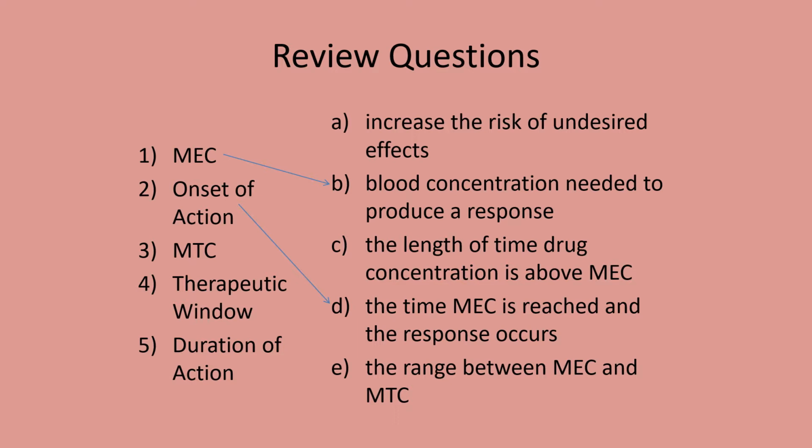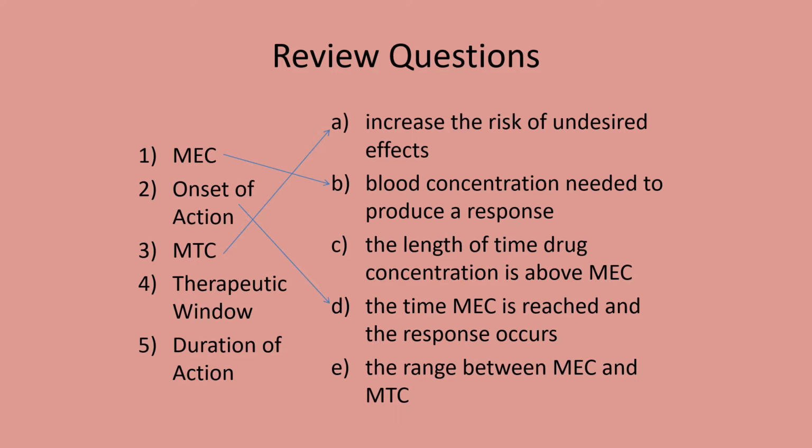Minimum toxic concentration. Which one is like an overdose? Yeah, it increases the risk of undesired effects. So if you give somebody too much morphine, you're going to shut down their breathing, paralyze them.